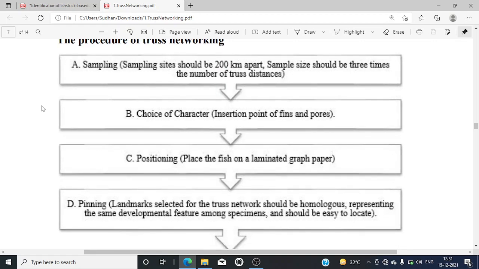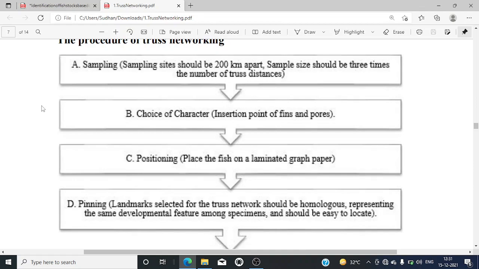Then the characters, whenever you're collecting the sample, it should be at the maximum size. If you're going to the landing center, it should be of good quality, without damaged specimens. You need to collect it, position it, and pin it under a laminated graph sheet. Because any animal which is preserved in ice will be in wet condition, if you are using a normal graph paper, you need to change it frequently.